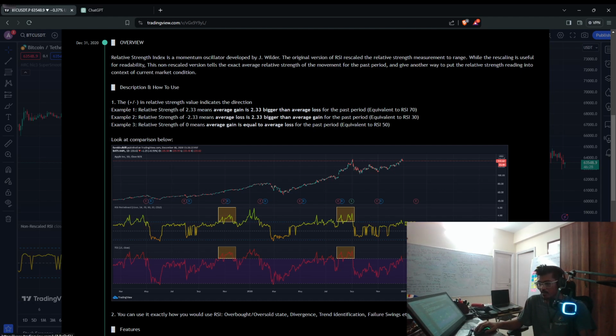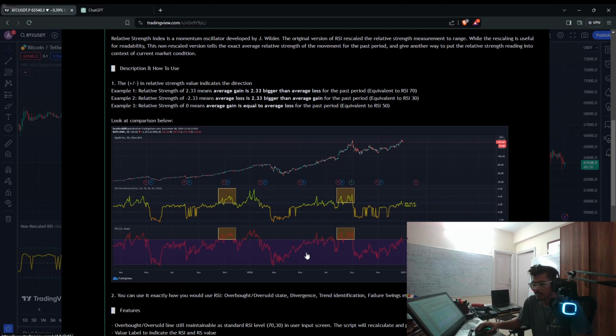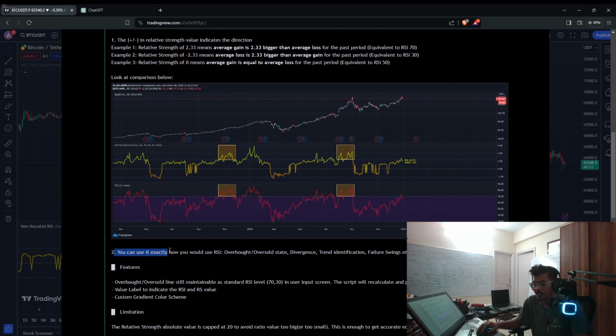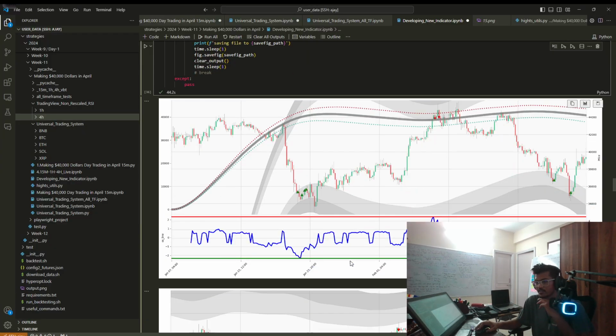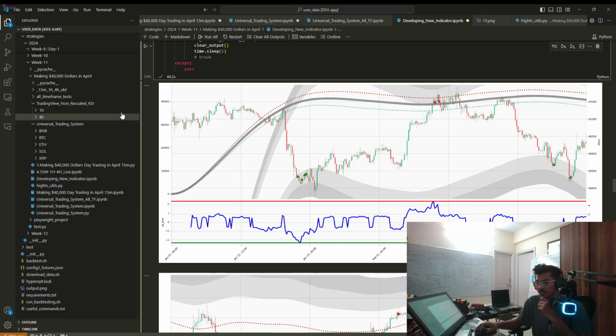See all these points, that's what we have done, and you can use it exactly how you would use RSI: overbought, oversold state, divergence, trend identification, failure swings, etc. What I'm interested in is divergence, and it's really a great tool.